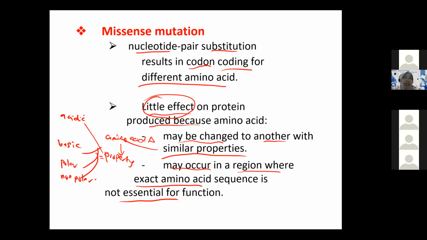So it does not affect the protein much, or it happens in a region where the amino acid produced is not essential, not the type of amino acid that is needed. Or it does not need to function at all, that area is not involved. Just imagine the changes happen at the exon region, so it is non-functional. Okay, so the effect will be very little. Okay.